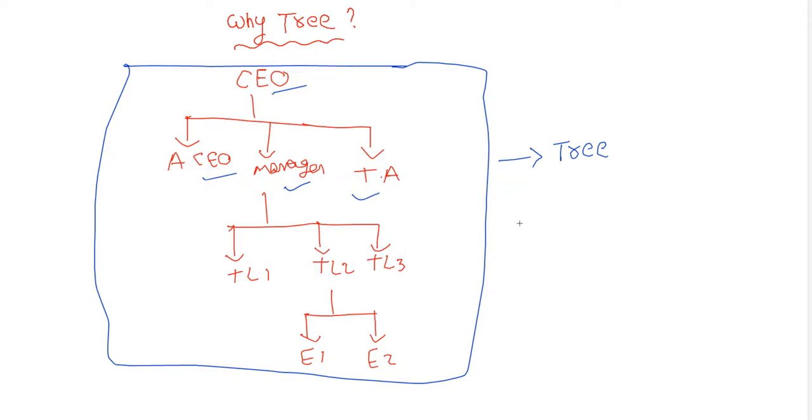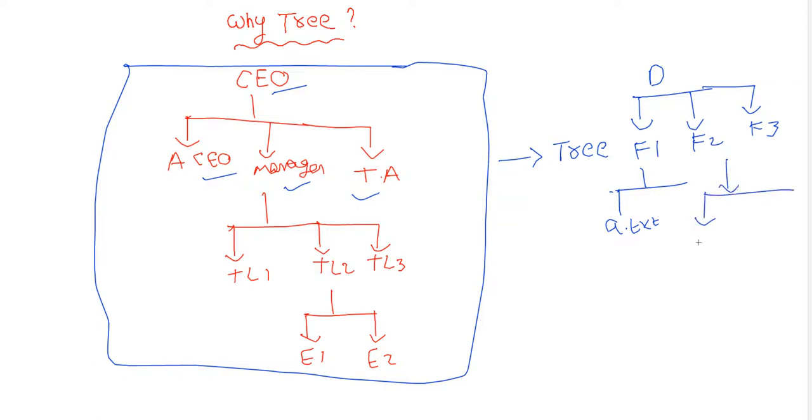One more example for trees: suppose I have a D drive in my computer. The D drive contains folders: folder 1, folder 2, folder 3, like this. Again, my folder 1 contains a.txt file, and my folder 2 contains some zip files, b.zip, and a c.jpg file.